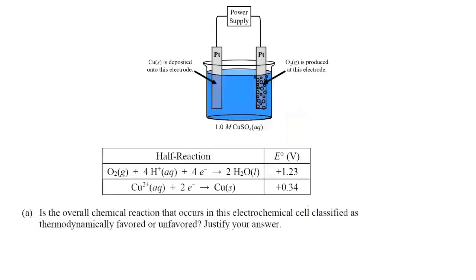Part A. Is the overall chemical reaction that occurs in this electrochemical cell classified as thermodynamically favored or unfavored? Justify your answer. So it's that external power supply that really gives it away in this diagram.